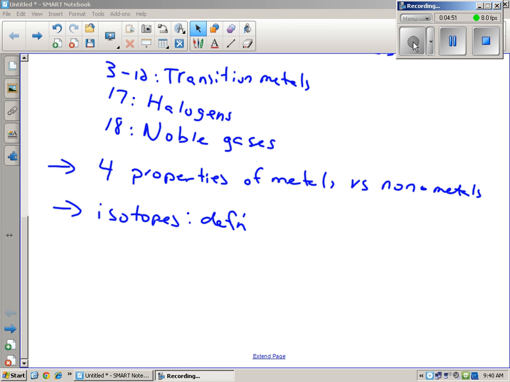The example I gave you guys in the notes was magnesium 24, 25, and 26: 12 protons, 12 neutrons; 12 protons, 13 neutrons; 12 protons, 14 neutrons, just how they naturally occur. So, 4 properties of metals versus nonmetals and isotopes definition: different number of neutrons.